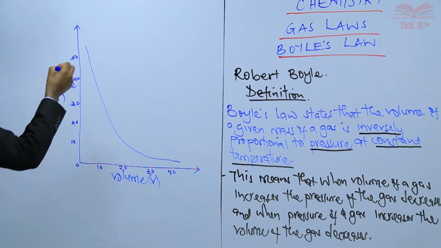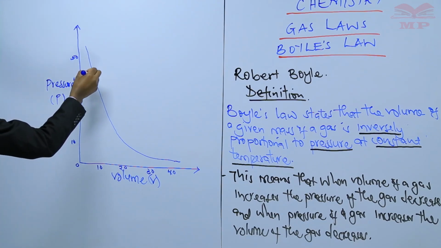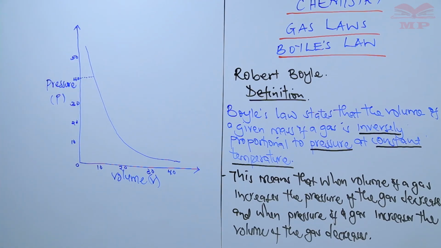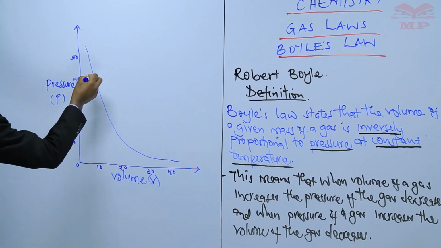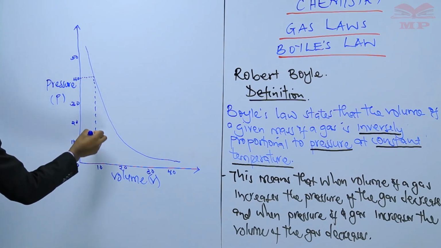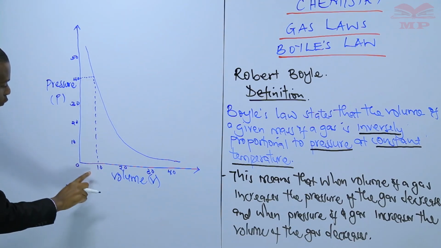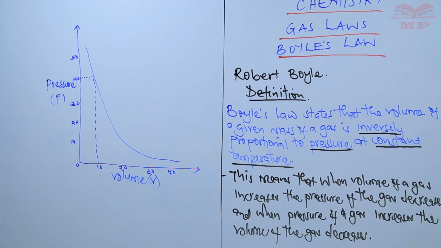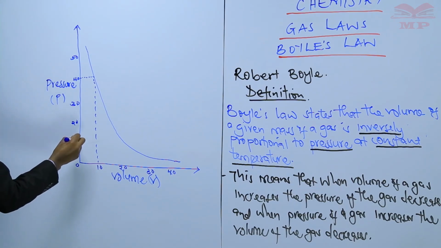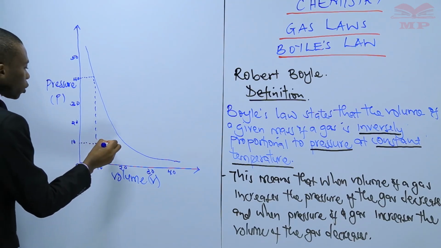Let's take an example where the pressure of a gas is at 40, and at the same time the volume of this gas is at 10. Pressure is at 40, the volume at 10. Let's take when the pressure of this gas is 10, we see what the volume will be.